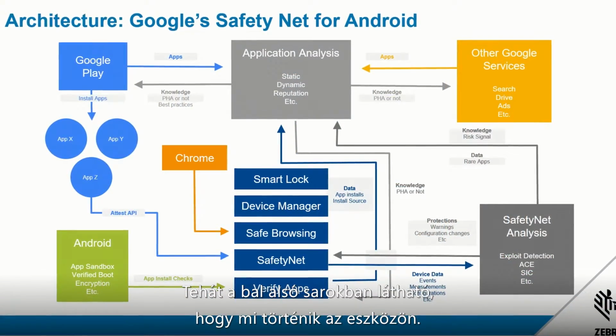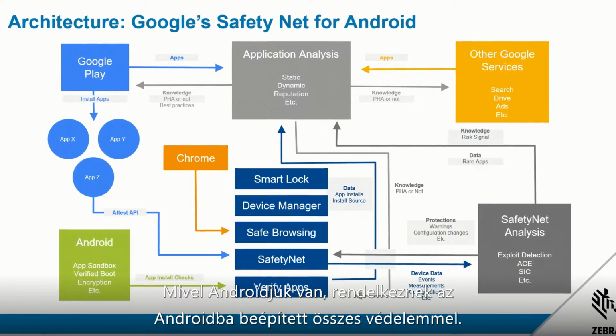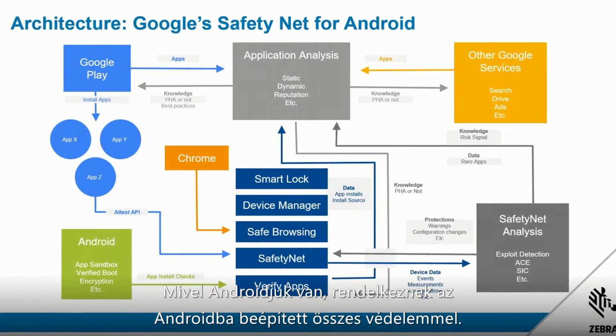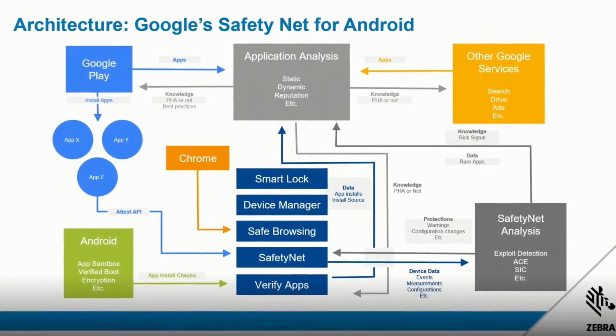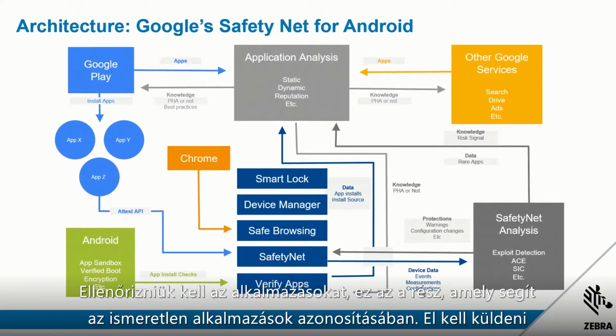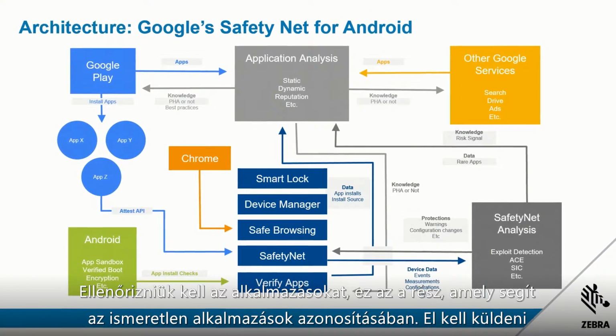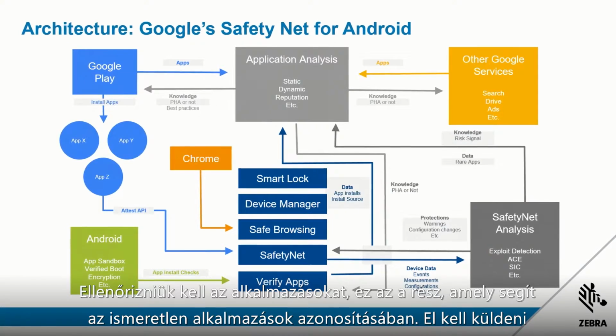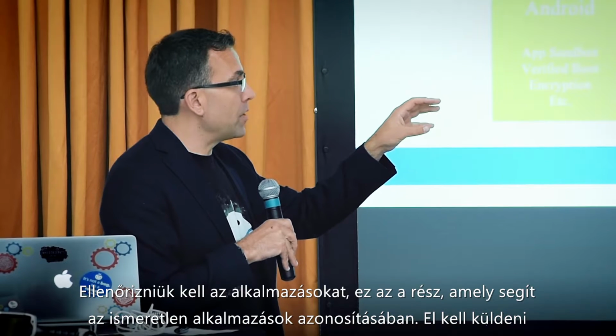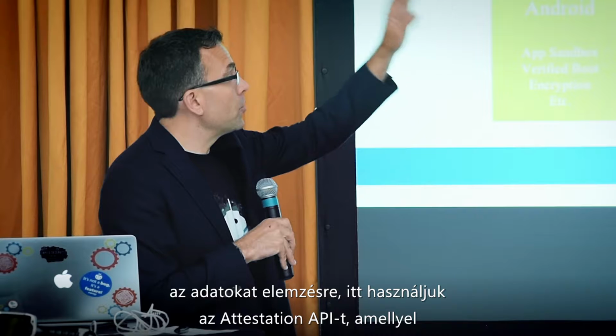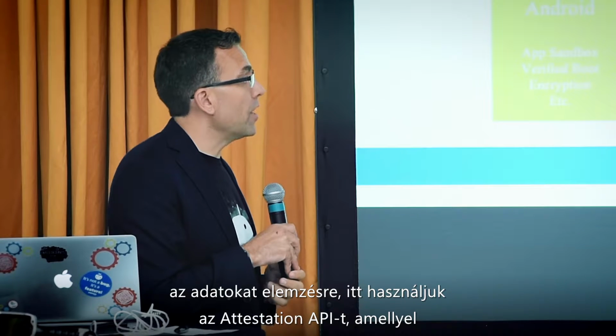So on the lower left is what's happening on the device. And you've got Android itself and all the protections that are built into Android. You've got the Verify Apps portion that is helping to identify apps that we haven't seen before, make sure those are sent up for analysis.